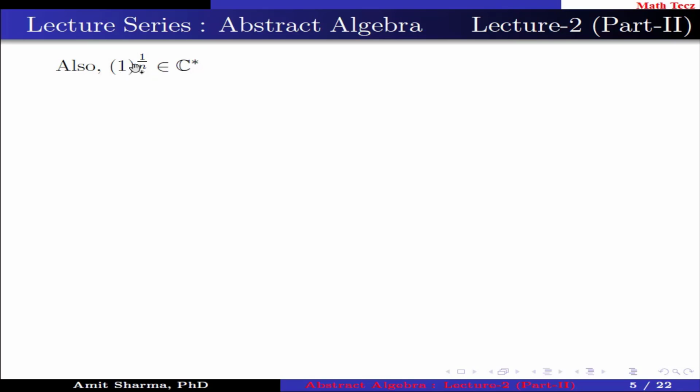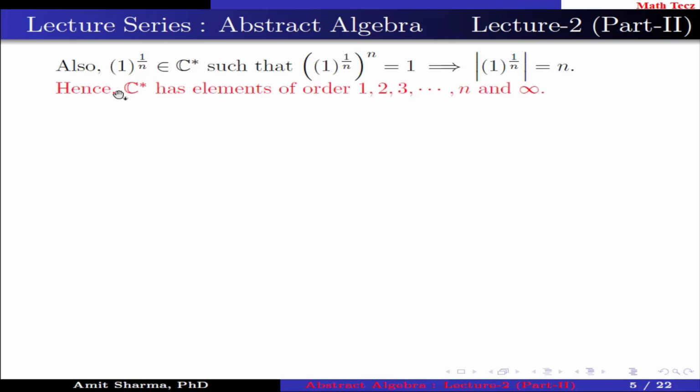Also, 1 raised to the power 1 by n belongs to C star. This is known as the nth root of unity, such that 1 raised to the power 1 by n, to the power n, is equal to 1, implies order of 1 to the power 1 by n is equal to n. Hence, C star has elements of order 1, 2, 3 up to n and infinity.